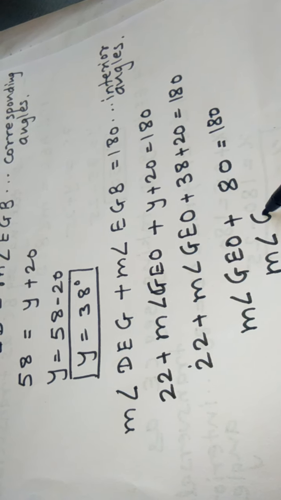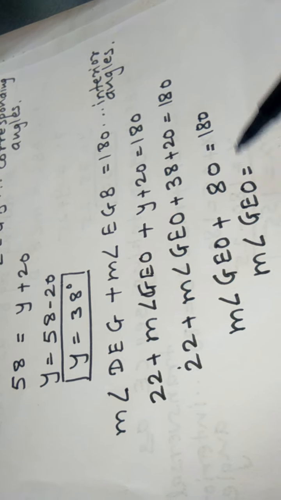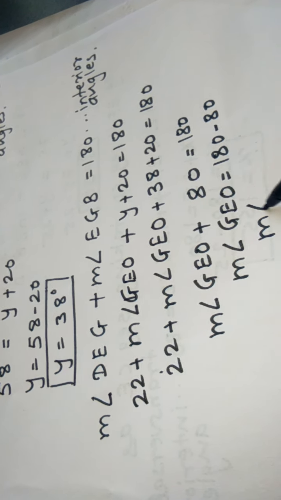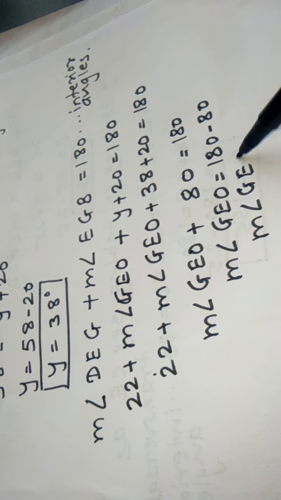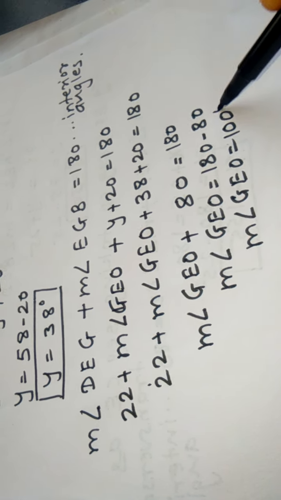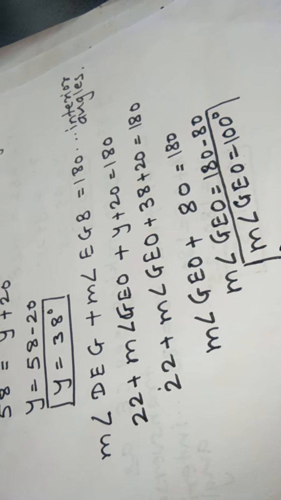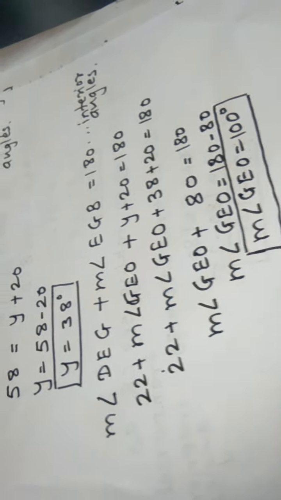Therefore, measure of angle GEO is equal to 180 minus 80. Measure of angle GEO is equal to 100 degrees. We get the value of GEO.